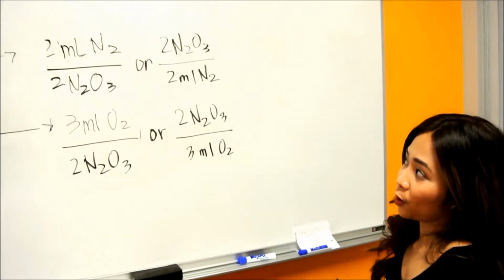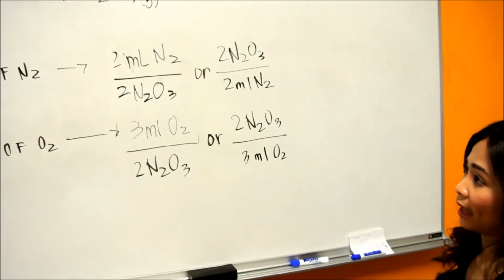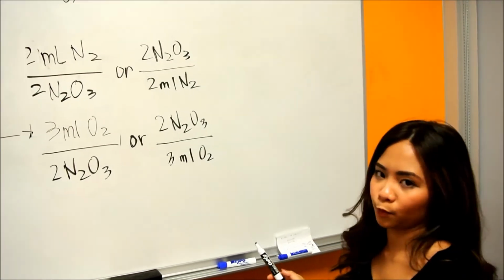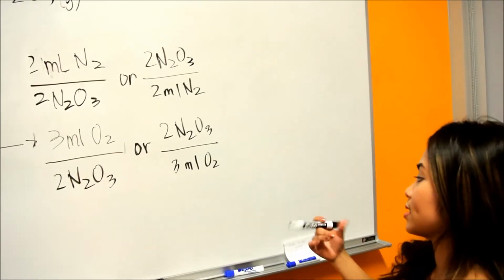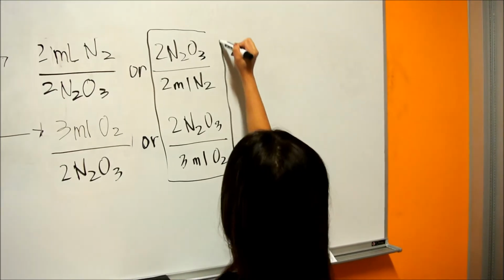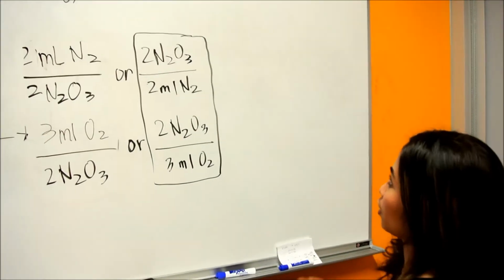Now we choose which mole ratio will cancel the reactants that will leave us with the product. So in this case, we choose the second mole ratio. And now we go with our solution.